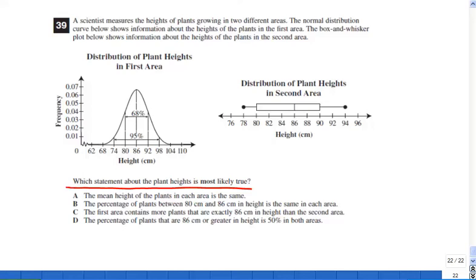A, the mean height of the plants in each area is the same. Okay, so you guys remember the mean stands for the average, right? Now I'm looking at my box and whisker plot here on the right, and in order for me to find the average of all this data that's represented by my box and whisker plot, I will need more information, because I cannot find the average.